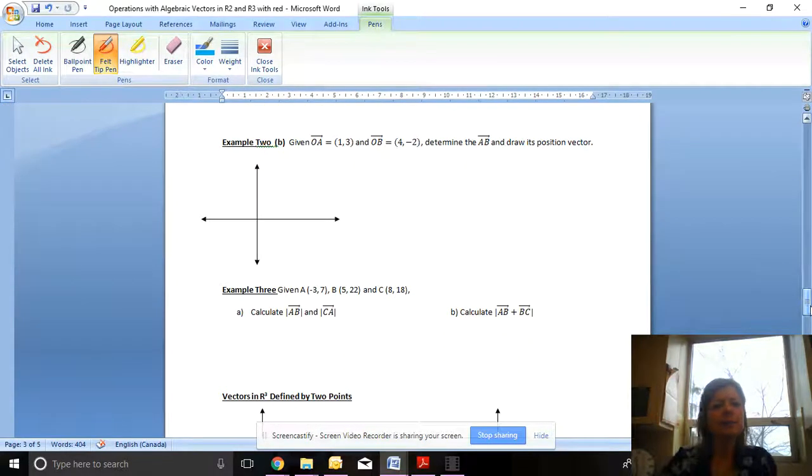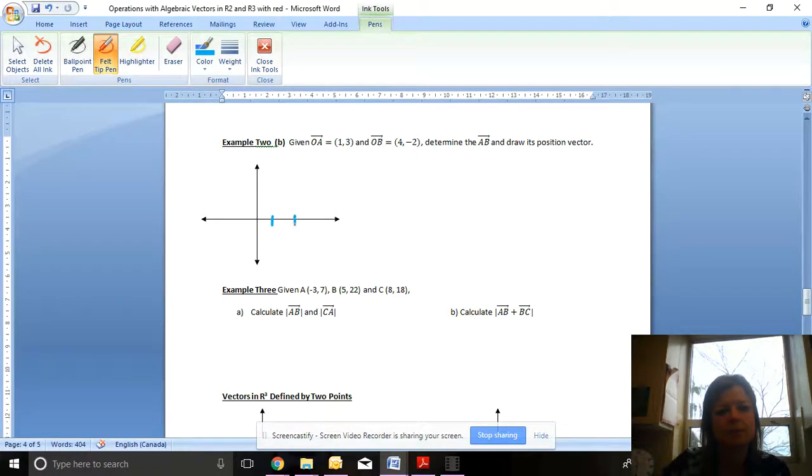Okay, so here's a simple example. Given OA is 1, 3, and OB is 4, negative 2, determine AB and draw its position vector. This is the same question, with the same two vectors from above. We're just doing different things with it now. So let's try. 1, 3, so there is OA.